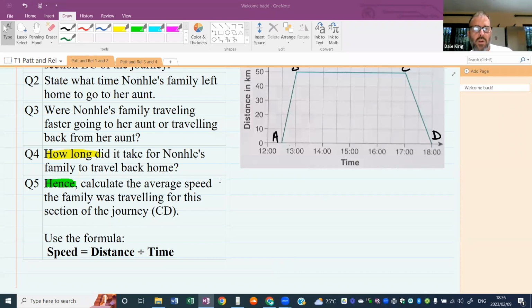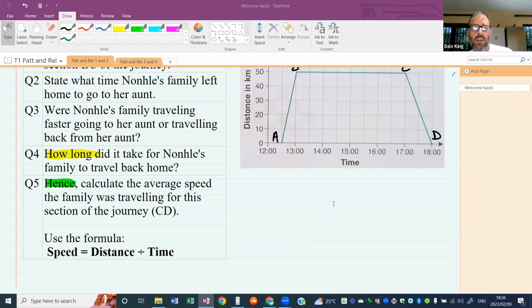Anyone want to tell me what does the word hence mean? You're going to see it sometimes in exam questions. Therefore, good. Yes, another word for it is therefore. Yes, therefore is a good answer.